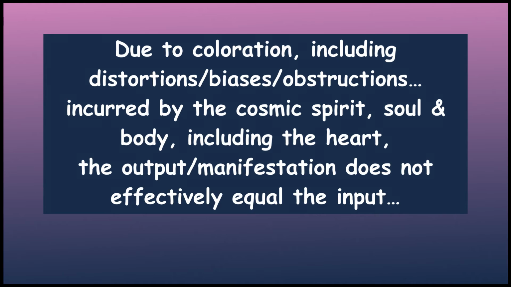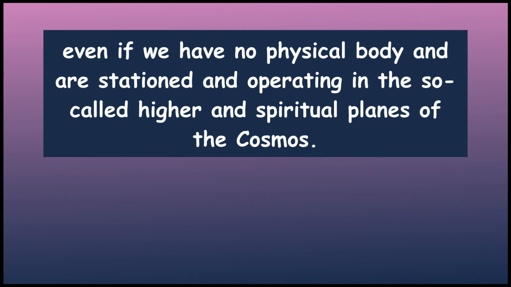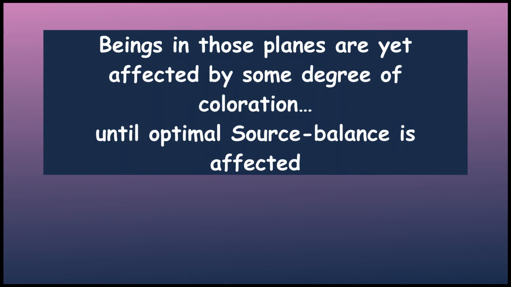Due to coloration, including distortions, biases, or obstructions incurred by the cosmic spirit, soul, and body, including the heart, the output or manifestation does not effectively equal the input, even if we have no physical body and are stationed in and operating in the so-called higher and spiritual planes of the cosmos.